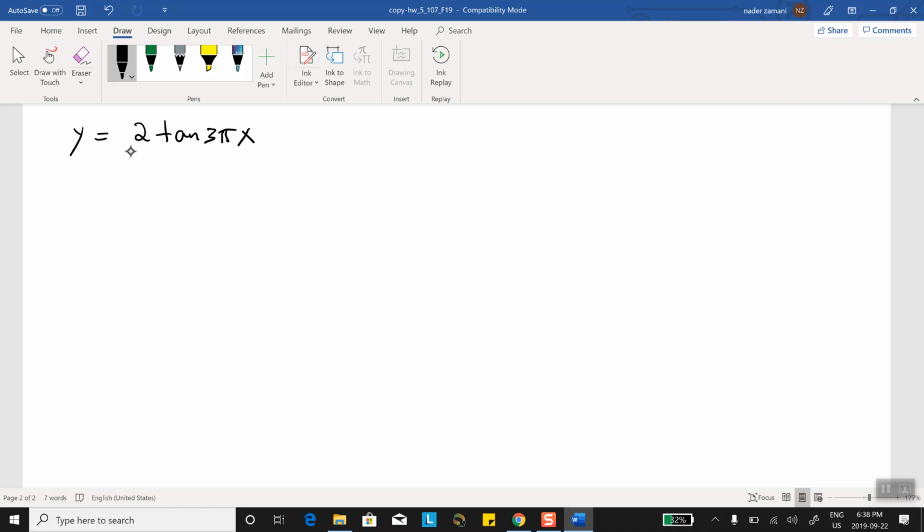Okay, first of all, as far as this 2 goes, it's stretching in the vertical direction, so I'm not going to even bother it right now. Stretching in y direction. So for now, I'm going to ignore it as if I was doing tangent of 3 pi x.